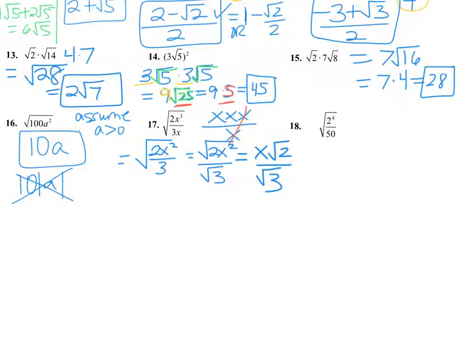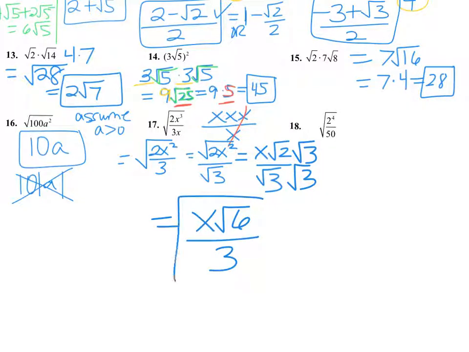We still have that radical in the denominator, which is bad. Breaks our rules. So we need to multiply top and bottom by rad 3. So our final answer, we're finally done. We write x rad 6 over 3. Whew. Tough one, huh? That was probably one of the worst ones of the day.